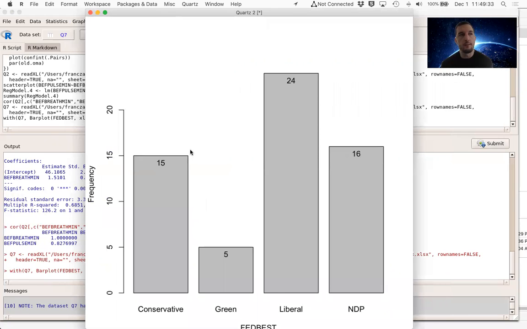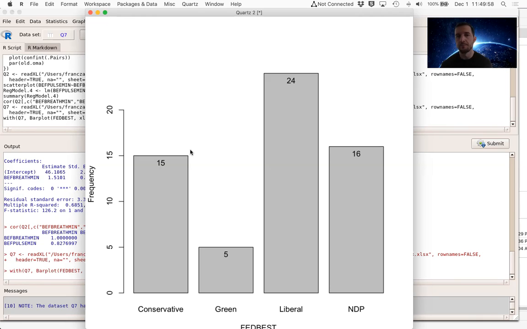You can see that for qualitative data, we're really focused on counts. We have a count for each of the different parties. 24 students prefer Liberal, 5 students prefer Green, 15 prefer Conservative, 16 prefer NDP. When we talk about this, we can discuss what is the least preferred platform and what is the most preferred platform.